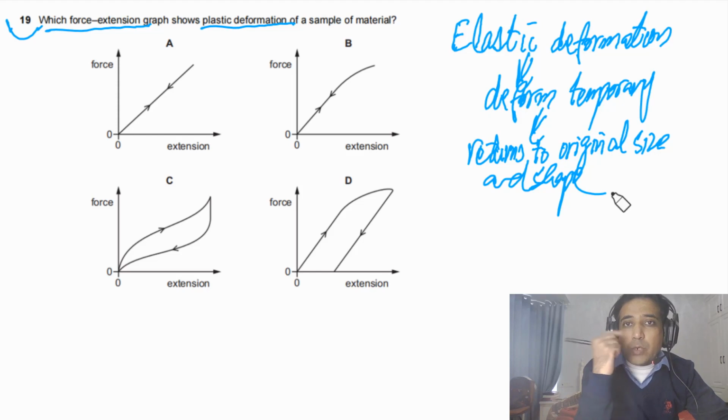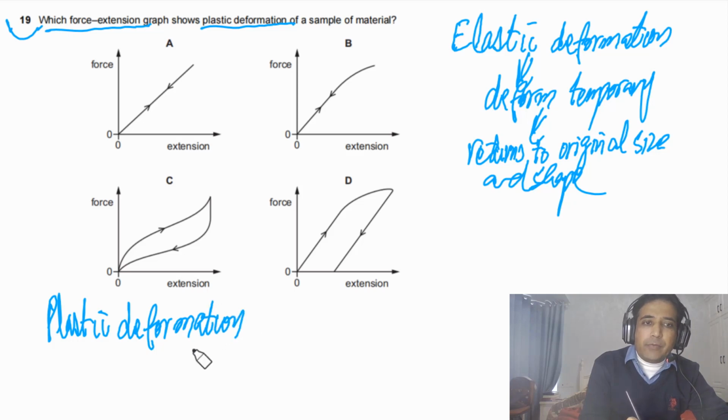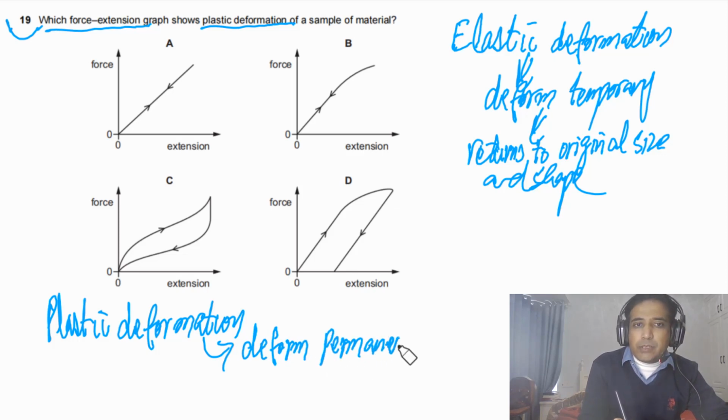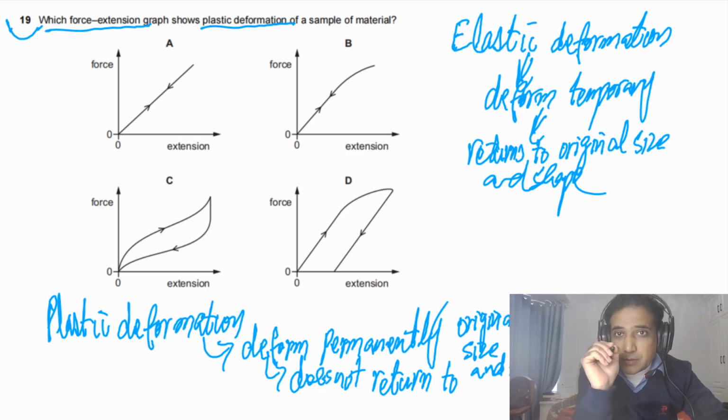Now we need to understand what plastic deformation is. Plastic deformation simply means that it deforms permanently and does not return to its original size and shape. That kind of deformation we classify as plastic deformation.